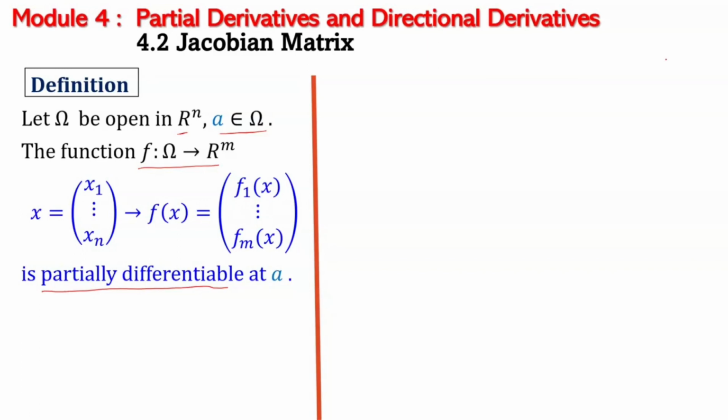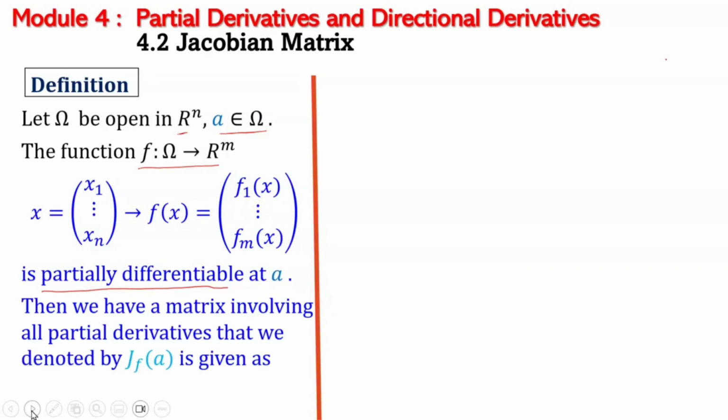If this condition is satisfied, then we can define a matrix involving all these partial derivatives, and we denote it as JfA. Here J is for Jacobian, f is for the function, and A is the point.